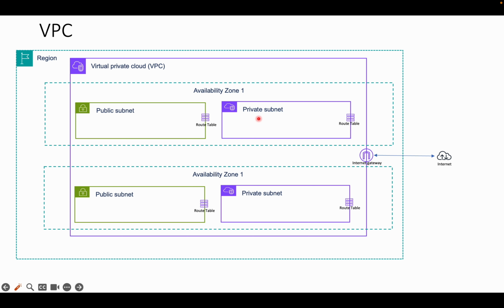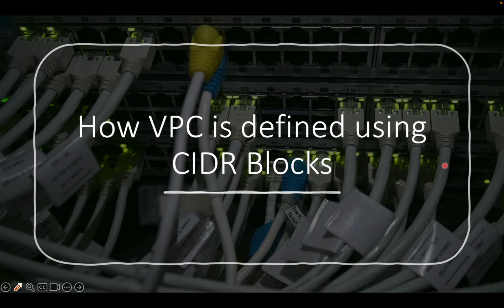In case of private subnets, the route table will not have any routes to the internet gateway. In case of public subnets, the route table will have a route associated with the internet gateway. Any IP trying to reach the external world will be routed through the internet gateway and it goes to the internet.